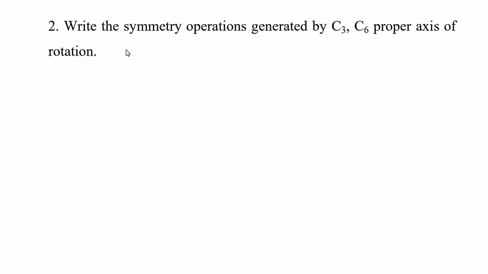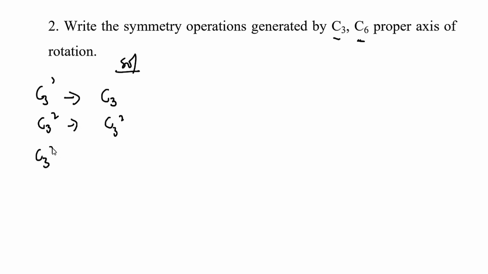So let's also look at this question. Write the symmetry operations generated by C3 and C6 proper axis of rotation. So we basically have C3. The first one is going to give C3, right? So the second one is C32. That will give C32 also. So the third one is C33, and that will give C1, which is the same thing as identity. So let's look at C6.